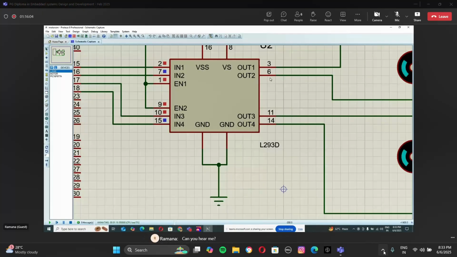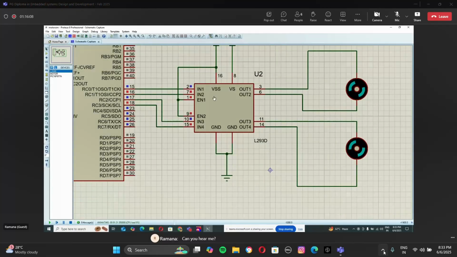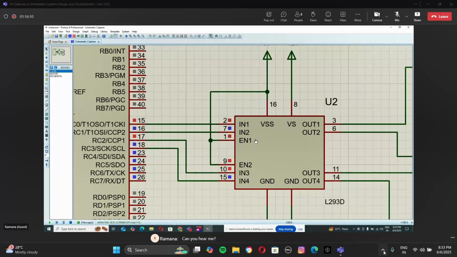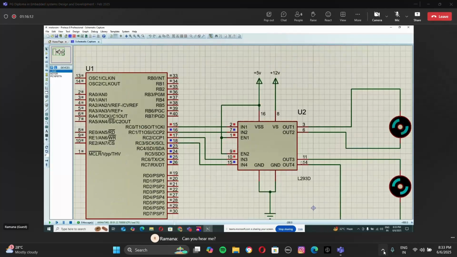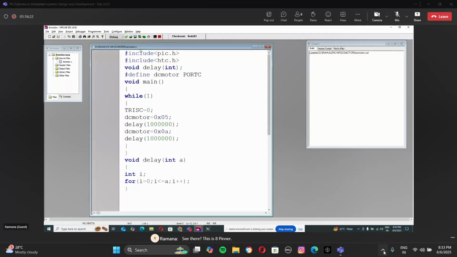What is the use of it? See, this is an 8-pin one. We are initializing and using a #define for DC motor.